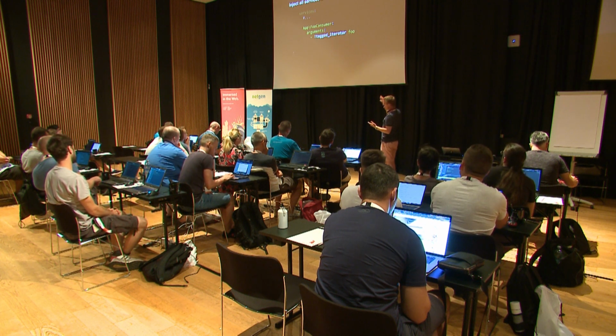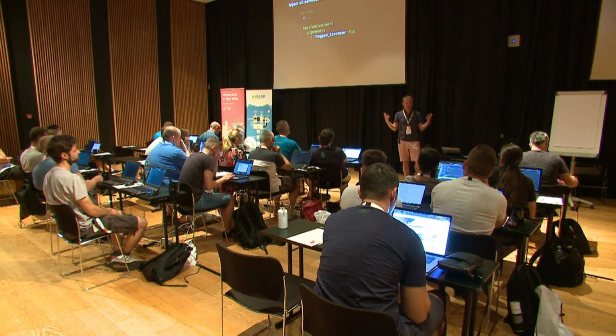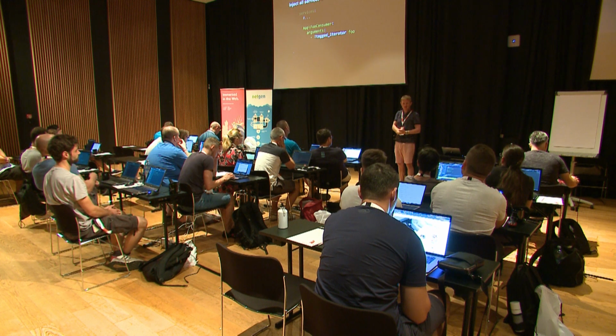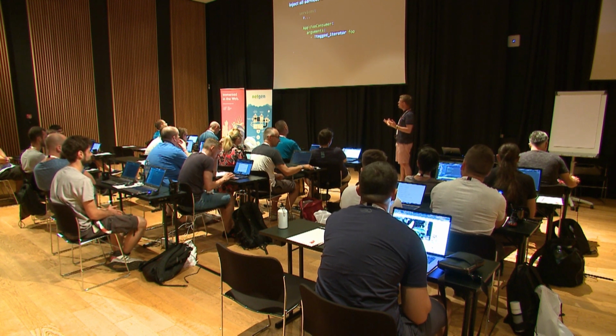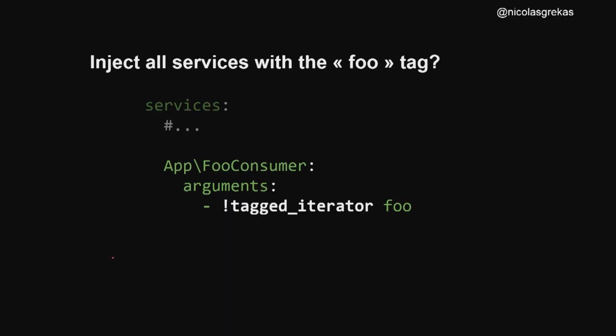So this will look in the container for all services that have the foo tag, and this will inject the collection of them into the service. Make sense? Yes? So if you want to get all the Symfony commands, you write that and you replace foo by console.command, and you will get the list of all the commands defined in your application whenever you need that.